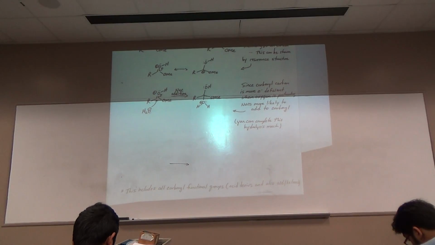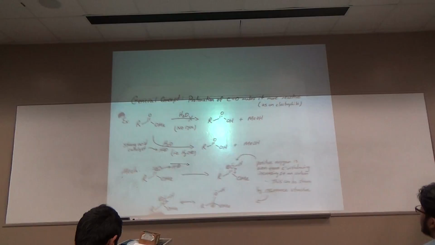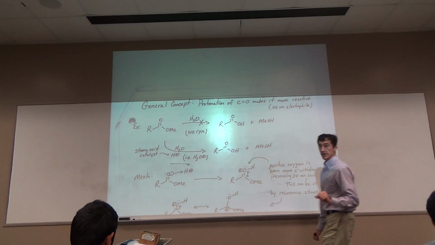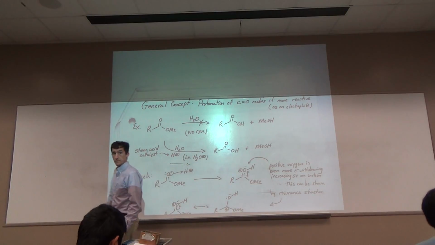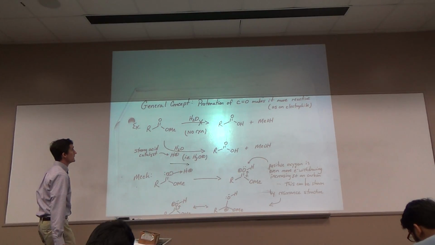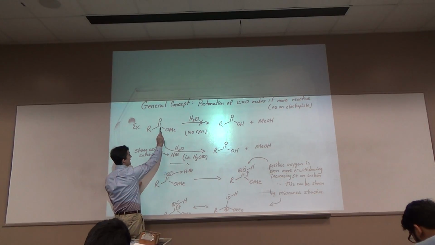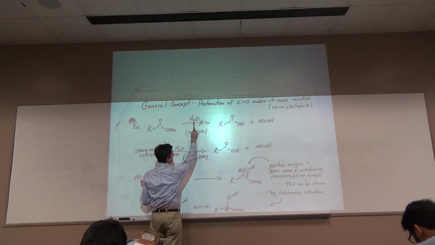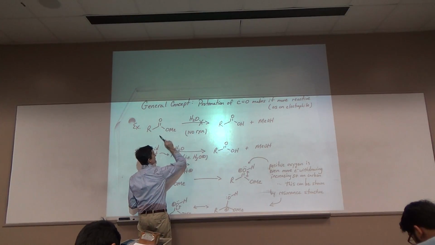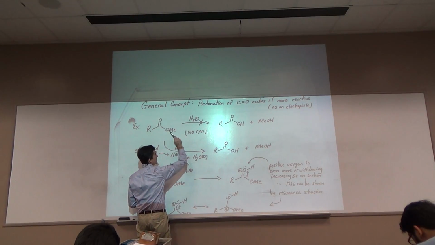Okay, you mentioned protonation. Let's look at this general idea. Protonation may be an activation step in many of these reactions. If you're under acidic conditions, for example, an ester will not react with pure water. You may say they're going to replace the OMe with the OH. Here's a proton here.